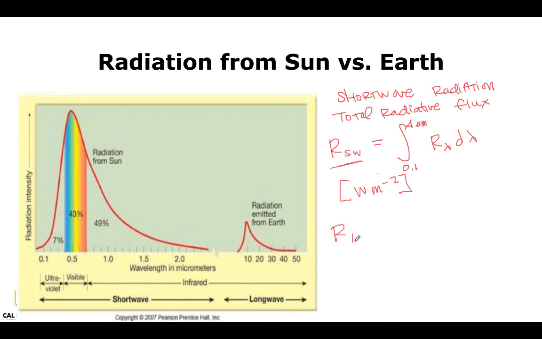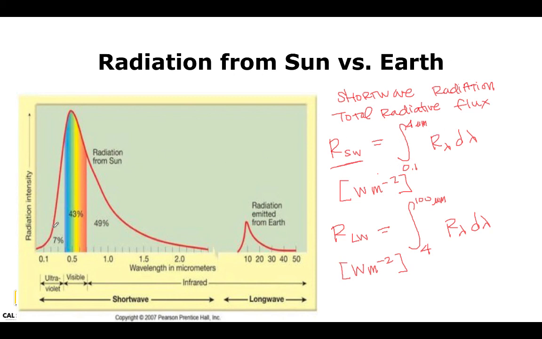Similarly, we have something for the long wave spectrum, where we integrate from 4 to 100 micrometers R sub lambda d lambda, and this also will be in watts per meter squared. So these are very, very important fluxes, and all we had to do was integrate over our spectrum.